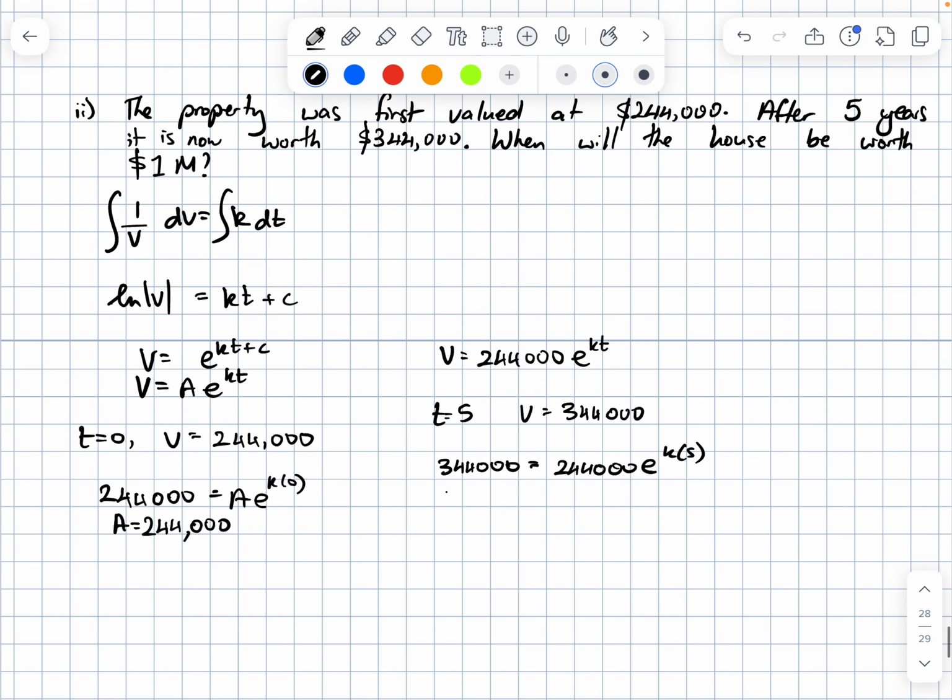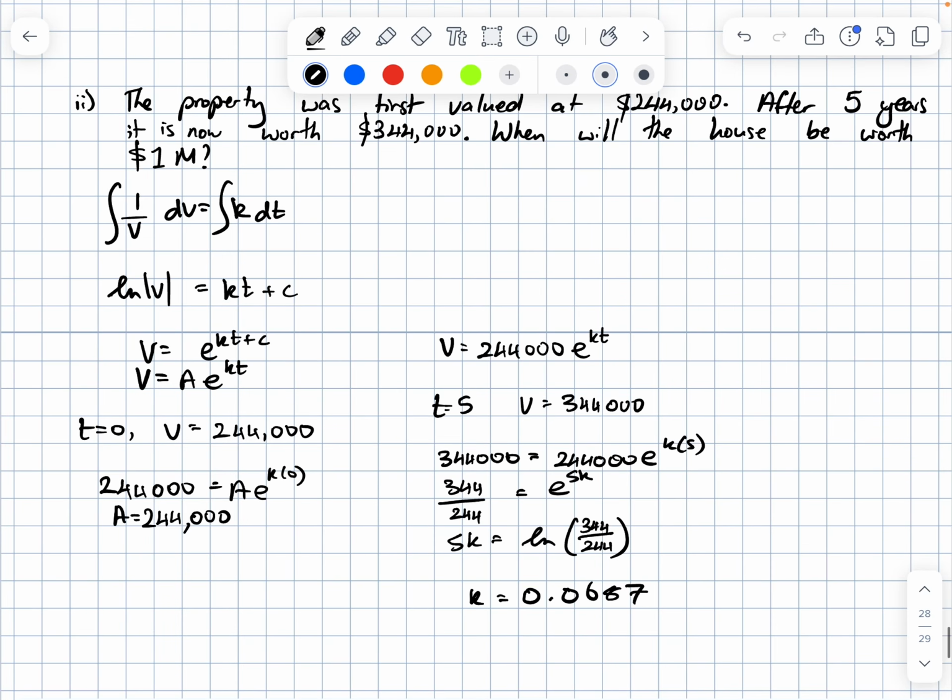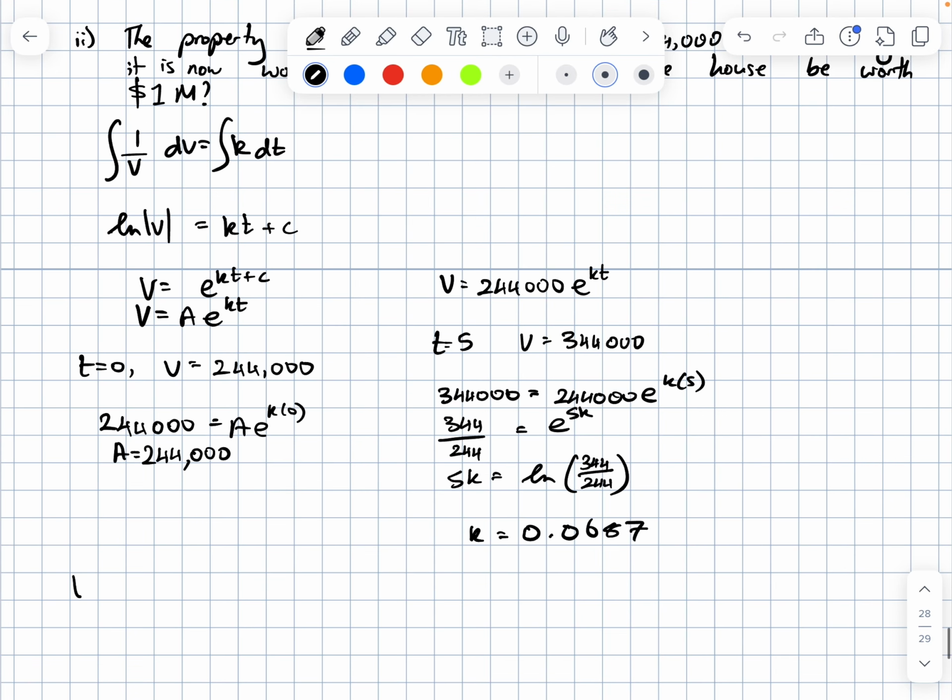Divide by 244,000, we get 344 over 244 equals e to the power of 5k, which means that 5k is equal to ln of that. And so k is equal to 0.0687, giving us our final equation of V equals 244,000 e to the power of 0.0687t.